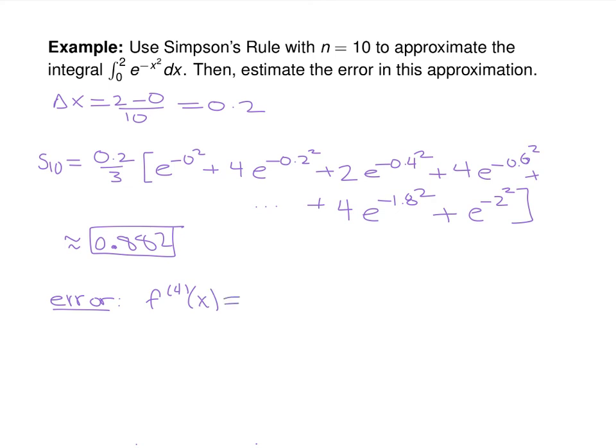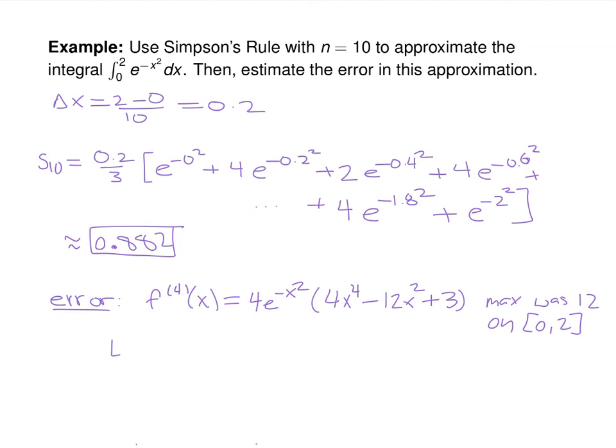I got that this was 4e to the negative x squared times 4x to the fourth minus 12x squared plus 3. And I found that the max was 12 on the interval from 0 to 2. I just graphed it and looked at it.